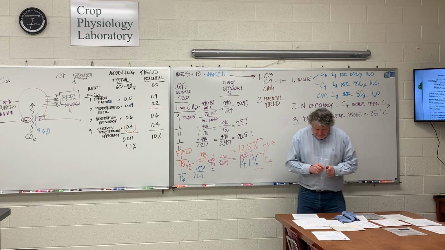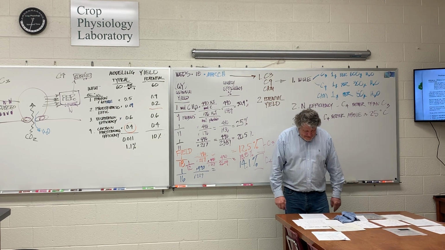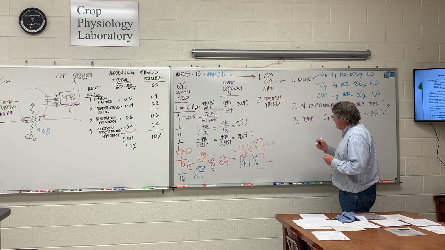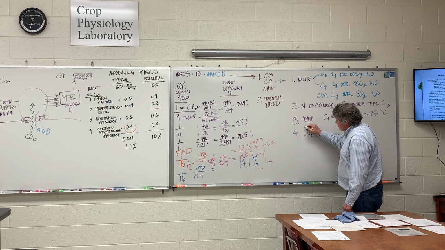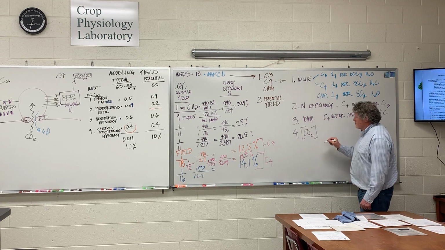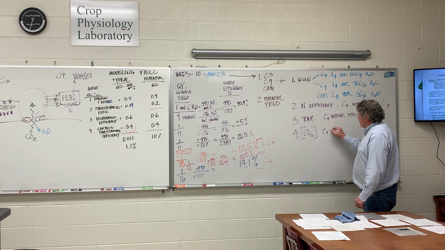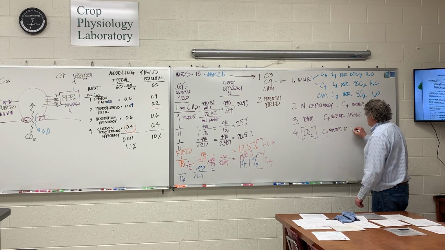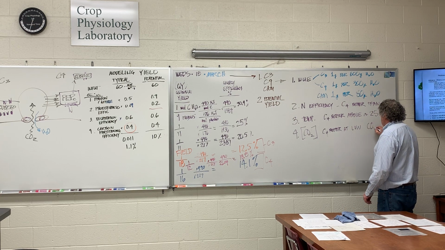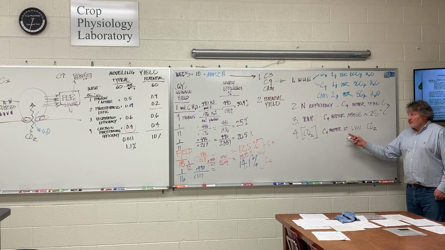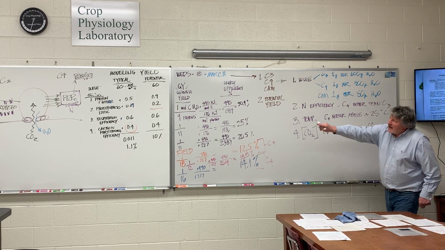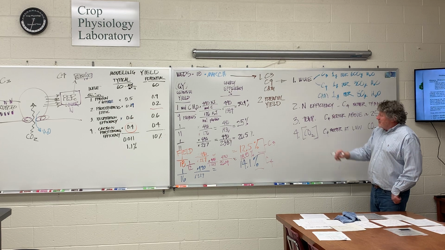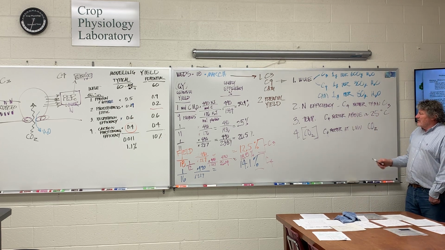And then finally, in this handout that is coming, CO2. I'm going to put this CO2 concentration, C4 better at low CO2. Now, the inverse of this is true. C3 is better at high CO2, but this is because of that double enzyme system to suck CO2 out of the air.